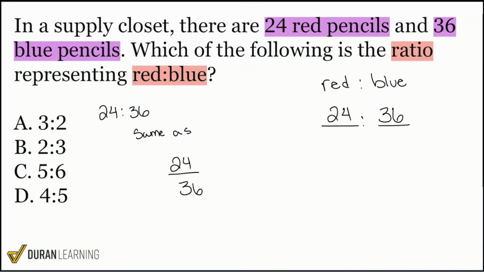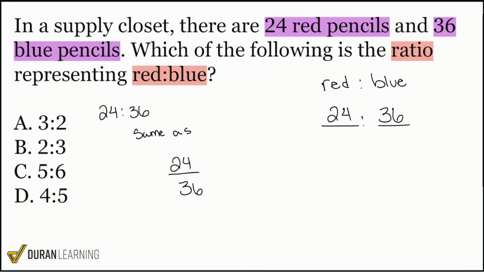And so with a fraction, what we can do with this is we can simplify it. So nice and easy, what I'll do is I'll simplify by dividing the value, the highest number that I can think of, that can divide into 24 and 36, which would be what? Yeah, that would be 12. We could use 2, we could use 3, we could use 6, but 12 is the biggest number that can divide out of both 24 and 36.